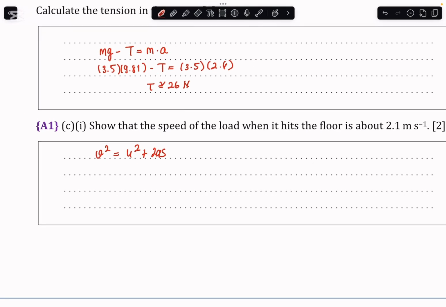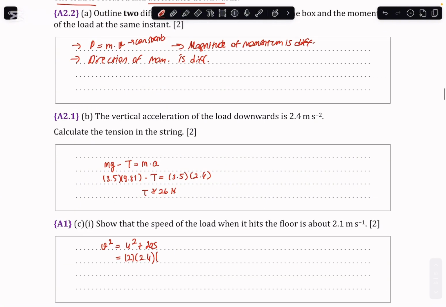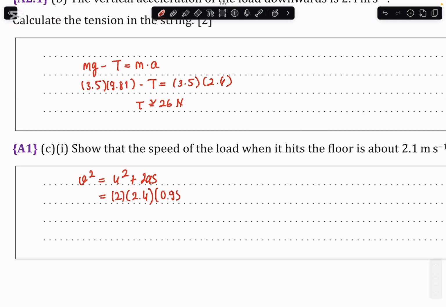The final velocity is the one we do not know, which should equal 2.1. There is no initial velocity, so u is 0, and then 2 times the acceleration downwards, 2.4 meters per second squared, times the distance it falls through, 0.95 meters.